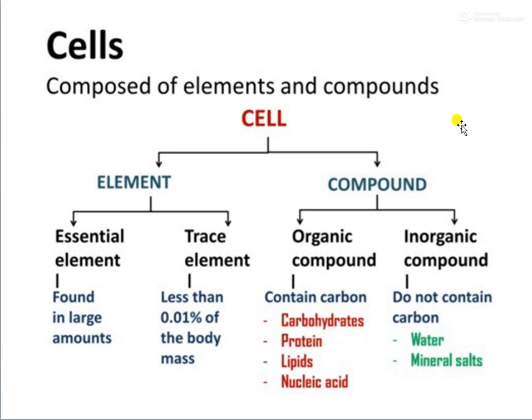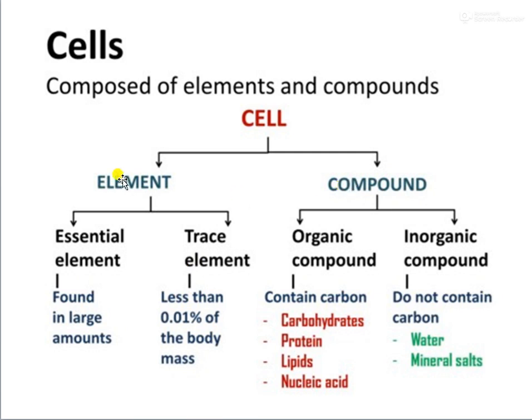Now, if you consider a cell, the cell consists of elements as well as compounds, and the elements can be divided, as I told you, into essential elements and trace elements. Essential elements are found in large amounts, and trace elements are found at less than 0.01% of the body mass.